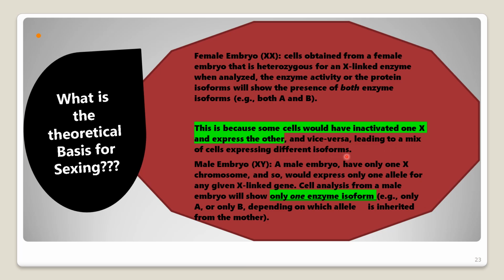So if one cell has one X inactivated, it produces one type of enzyme, while the other cell produces the other type of enzyme.